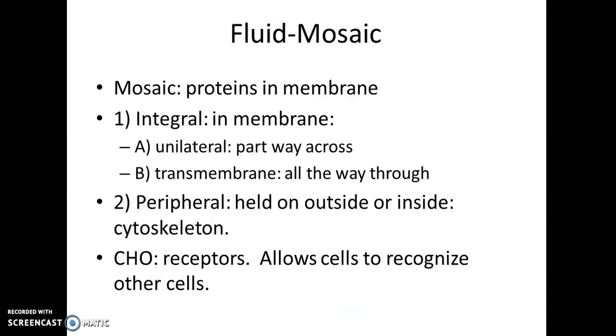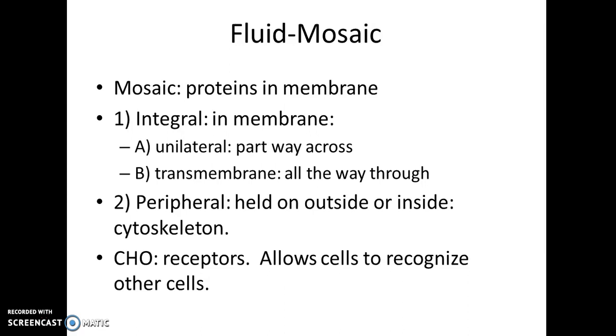So the mosaic part, there are proteins in the membrane. Okay, so there are different types of proteins. First, we have the integral proteins, which are actually in the membrane. And there's two types of integral proteins. We have unilateral, which go part of the way across, and transmembrane, which go all the way through the phospholipid bilayer.